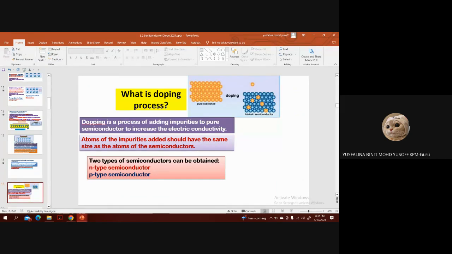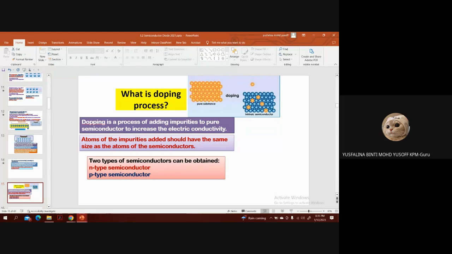So N-type semiconductor means the negative charge, the electrons, are much higher than the protons there. P-type means the holes, represented by the positive charge, so it has more holes than negative charge.